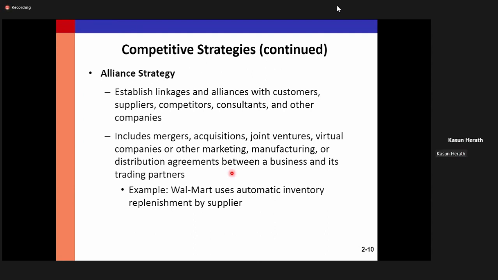How about Kapruka? Yeah, you can consider it under alliance strategy, no?